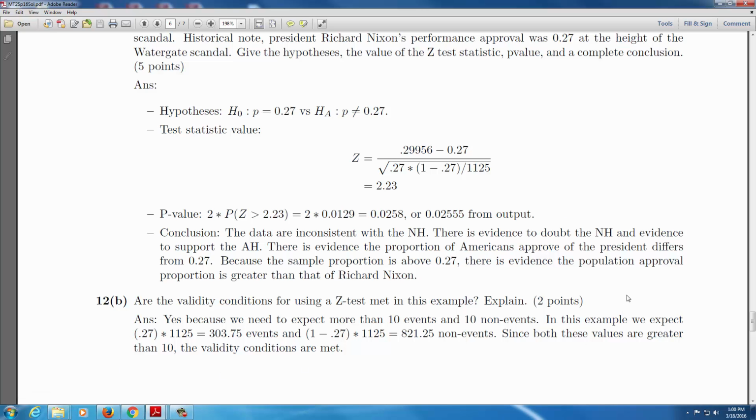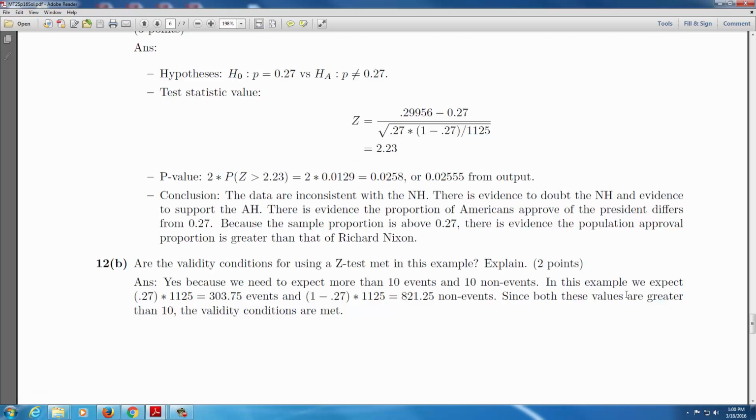In 12B, I was asking you about the validity conditions for the test, and a lot of people mistakenly gave me the validity conditions for the confidence interval. For the test, you need expected events more than 10 and expected non-events more than 10, and that means the expected amount under the null hypothesis, which was 27%. We had 1,125 subjects, so the expected number of events was 303, almost 304.